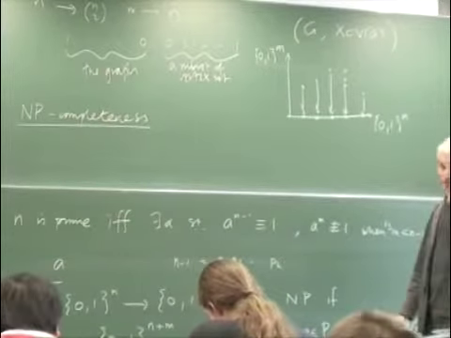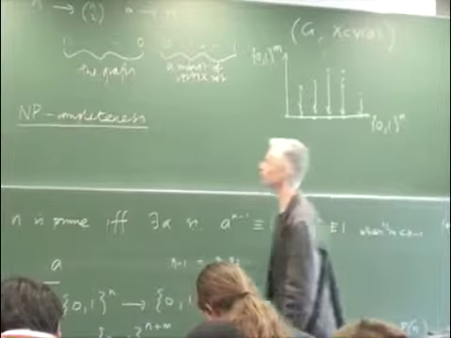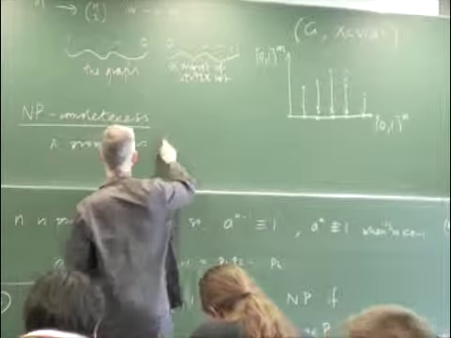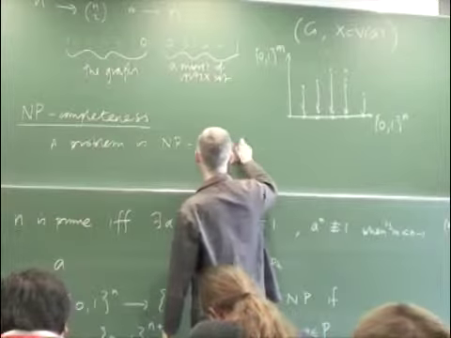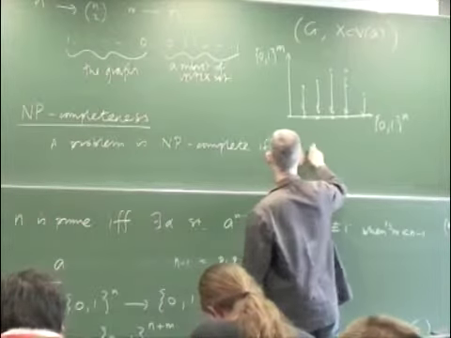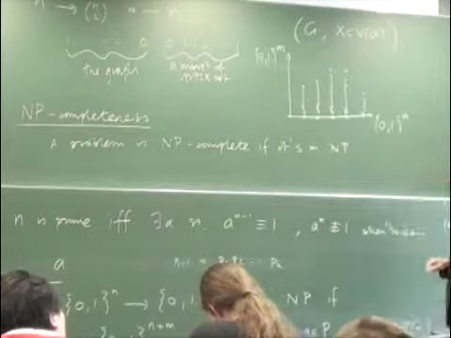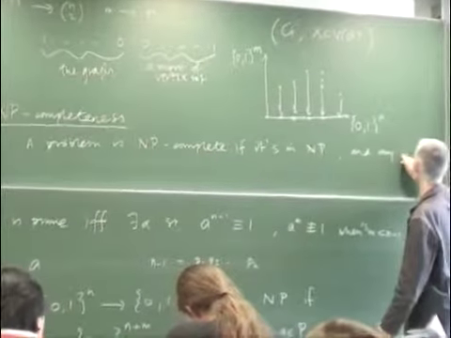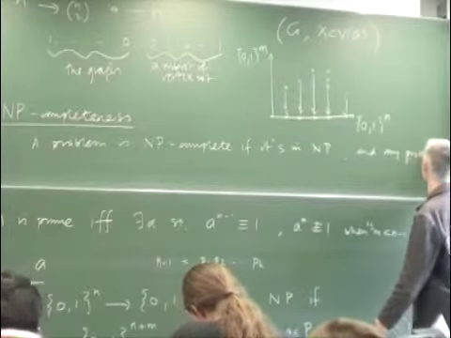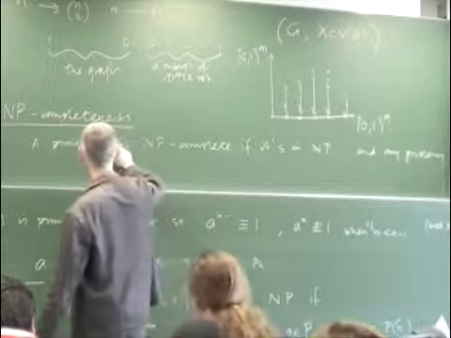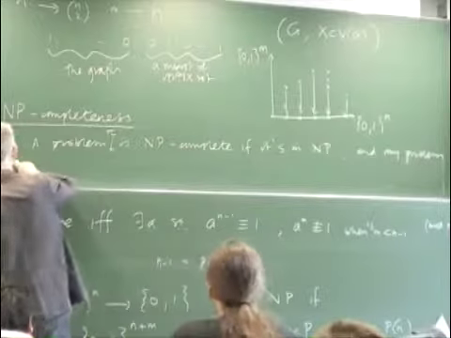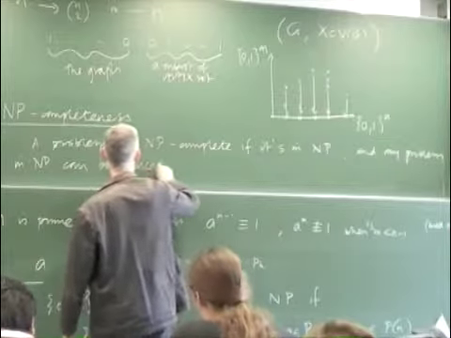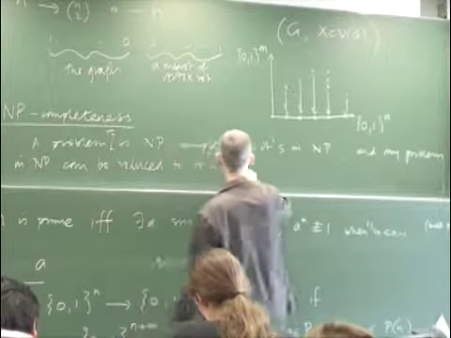So I'm going to go back to being a little bit informal. So the problem is, maybe I'll say, the problem is NP complete if it's in NP and any other problem, let's call it a problem pi, any problem in NP can be reduced to pi in polynomial time.